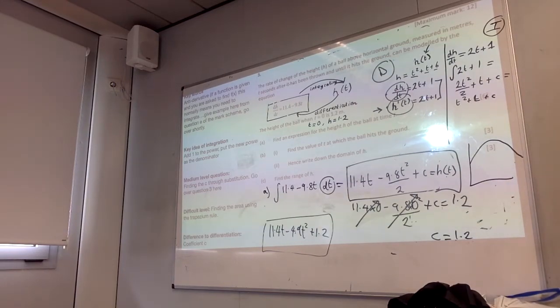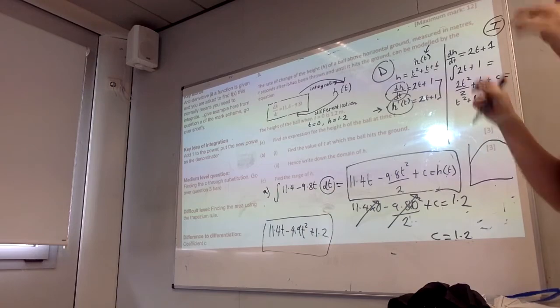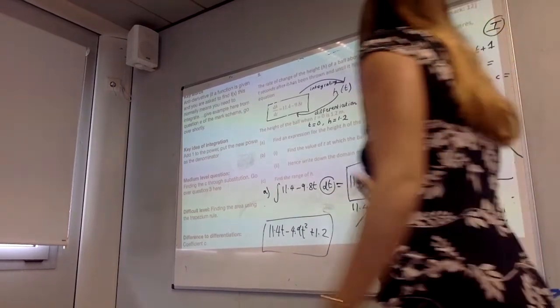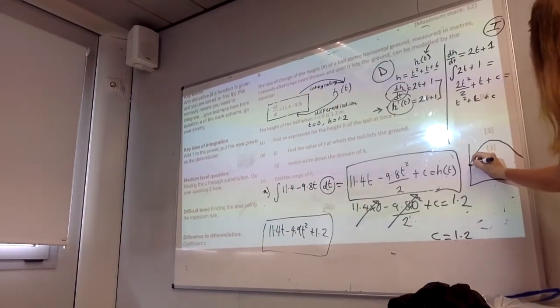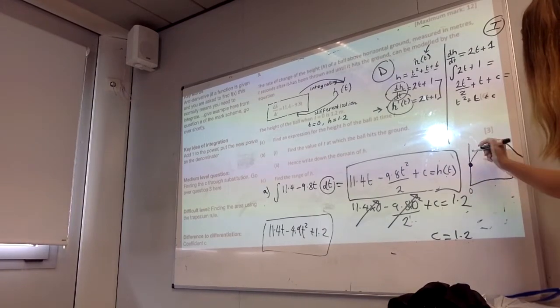Oh, h of t, so you times the h by t, but because the t is 0, you don't times it by anything. Exactly. That's what I didn't understand. In order to work out what C is of a particular graph, you have to substitute in a specific coordinate. The specific coordinate we're substituting in is (0, 1.2).